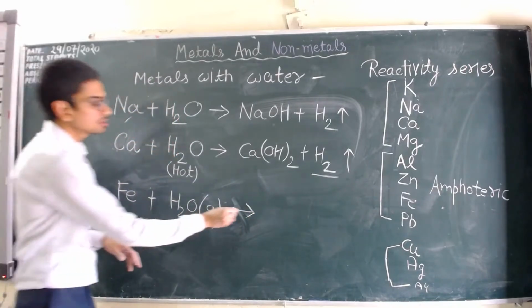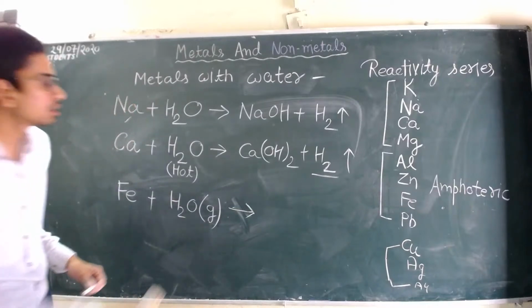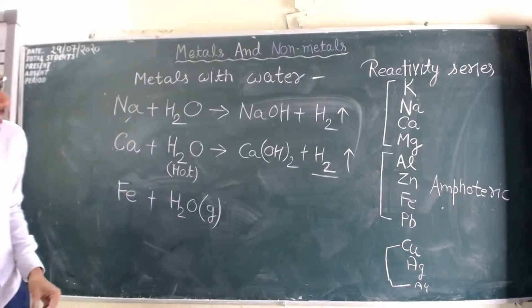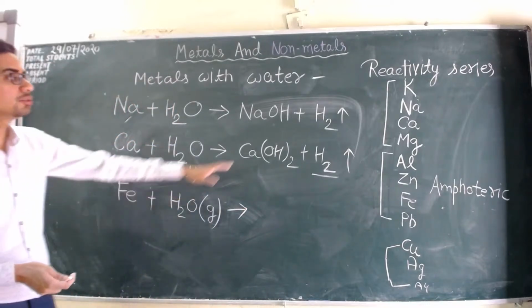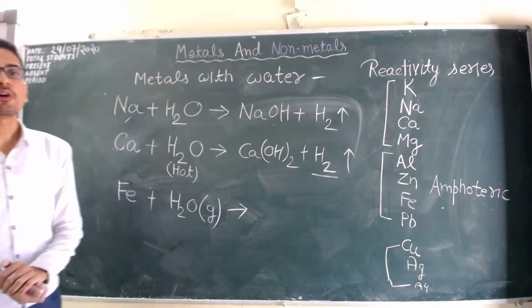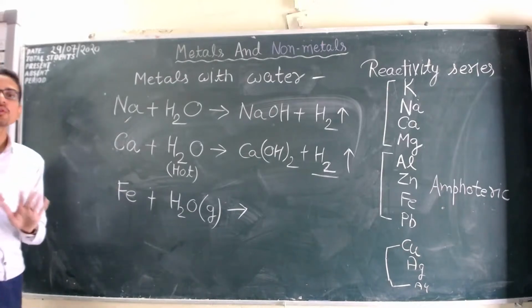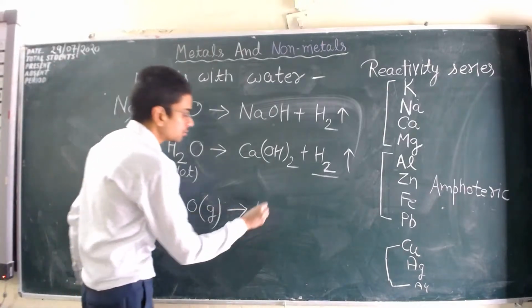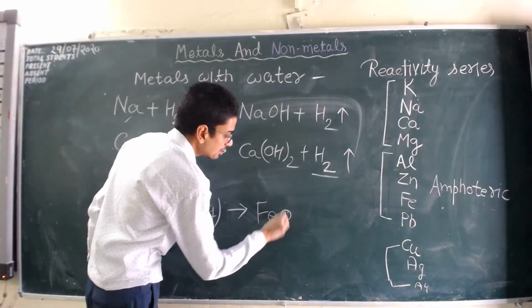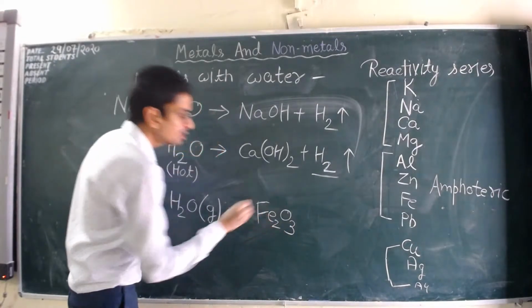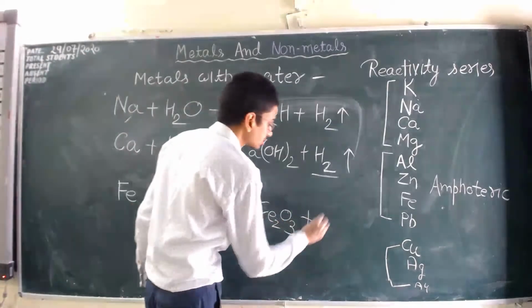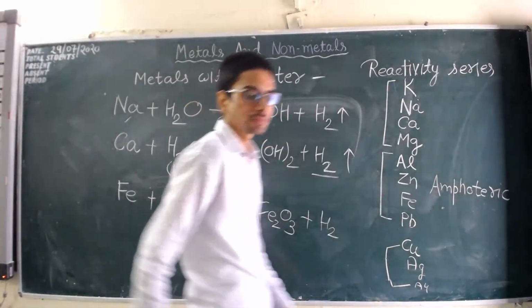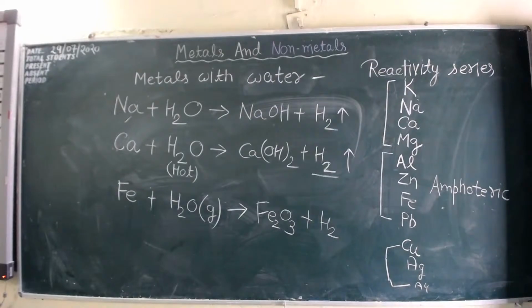Because this reaction is not very quick, iron is less reactive, so the products will be different. In those reactions, hydroxide was formed, but in this reaction only oxide will be formed because this reaction is not very stable. Fe2O3 plus hydrogen. Okay, ferric oxide plus hydrogen.